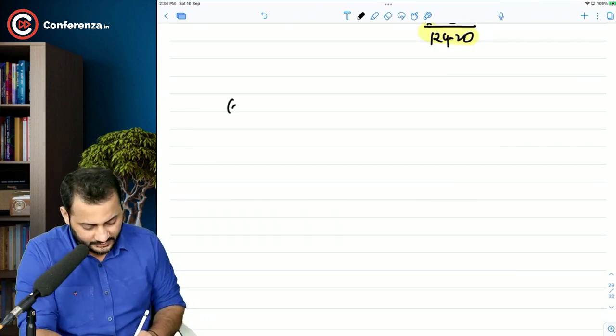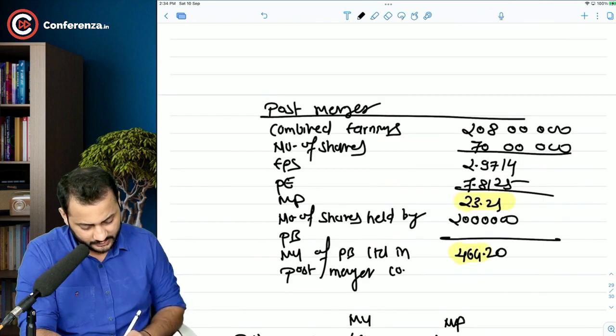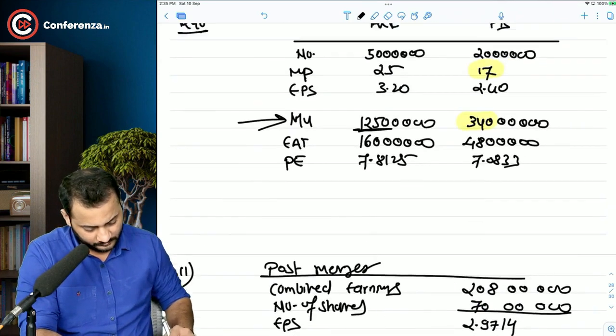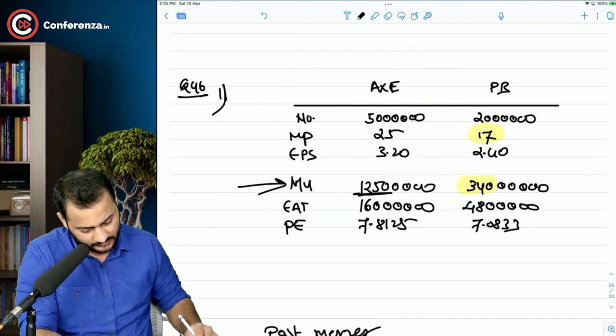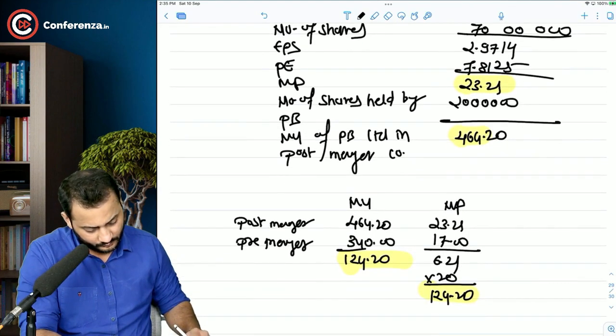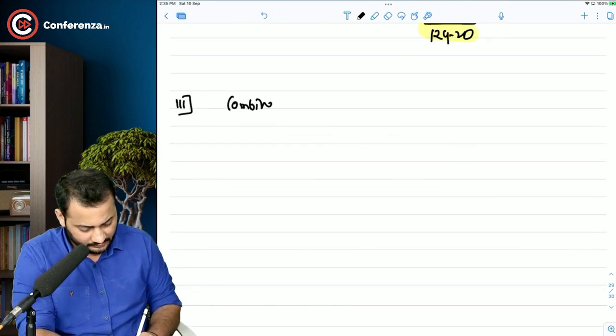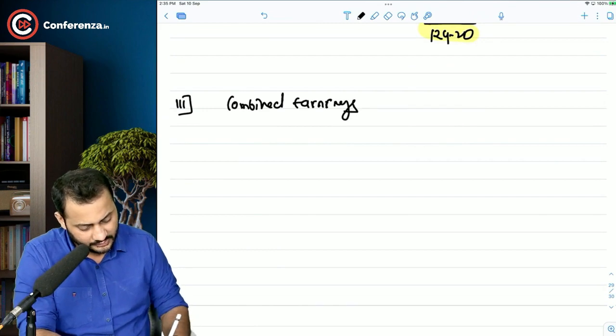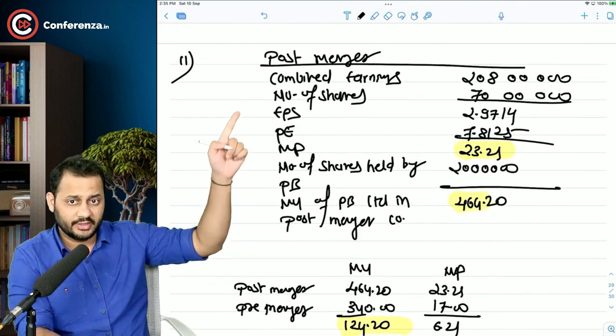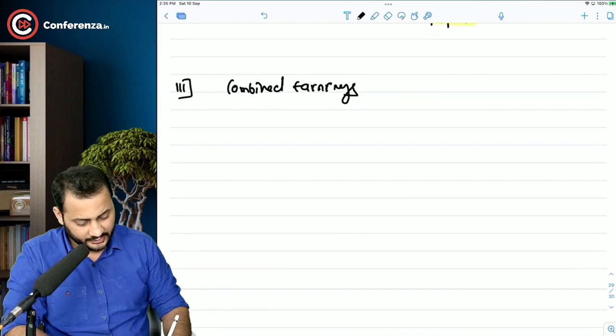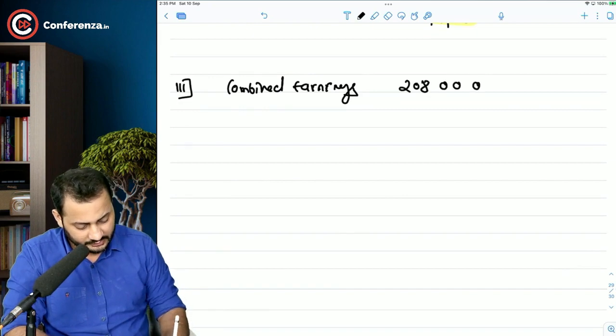Okay, very easy. Let's take once again the third part. This was the second part and this was the first part, I think. So the combined earnings of both the companies come to 208 lakhs, right? So I will take it once again, 208 lakhs.